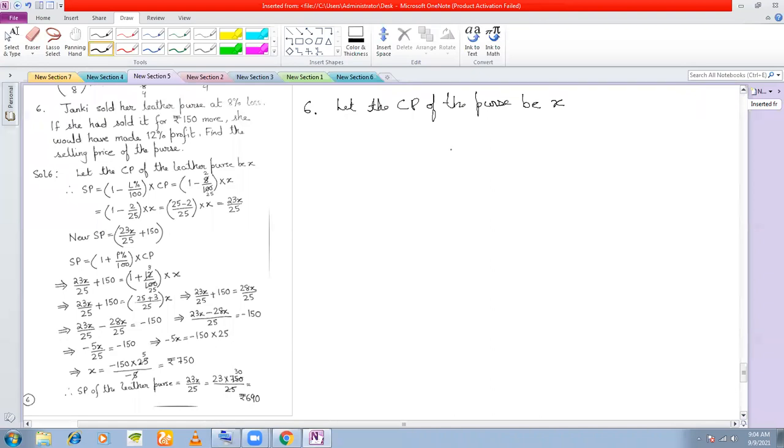So now she sold it at 8% loss. Therefore, what should be the selling price?